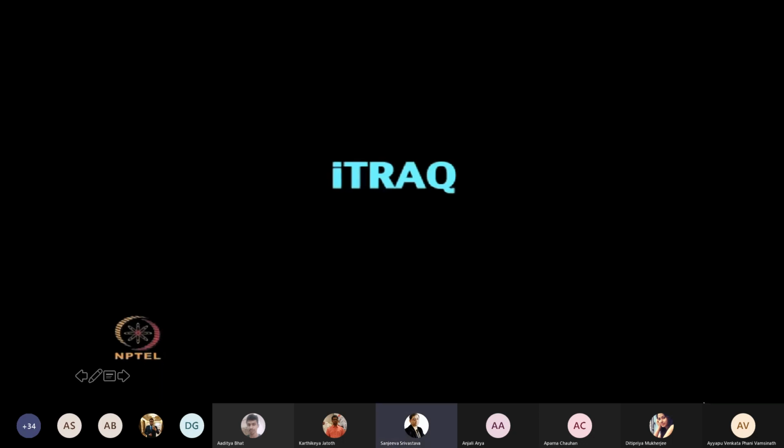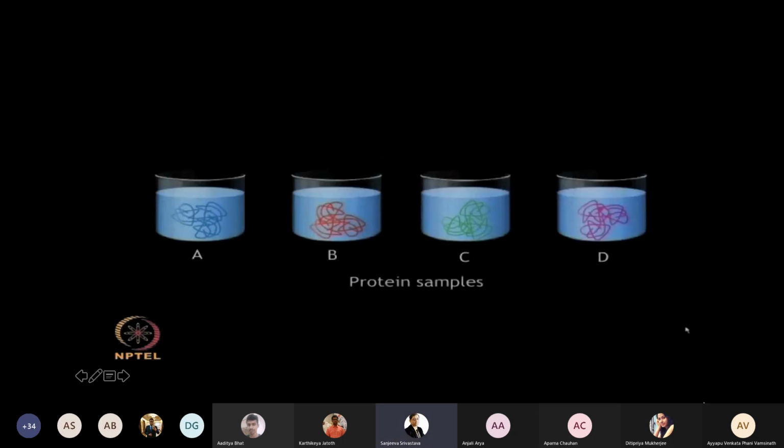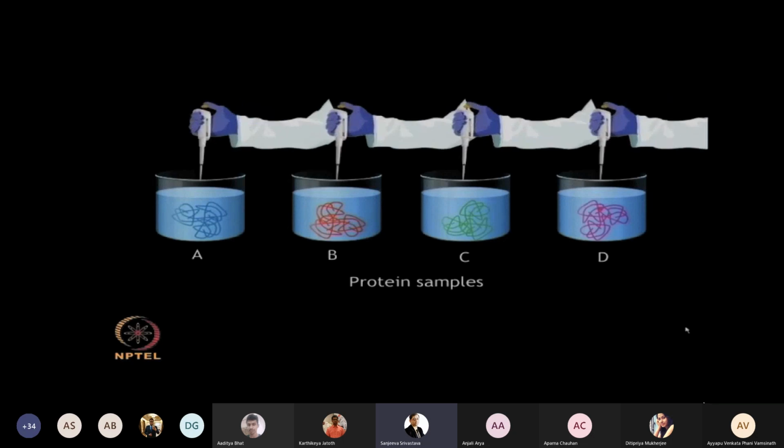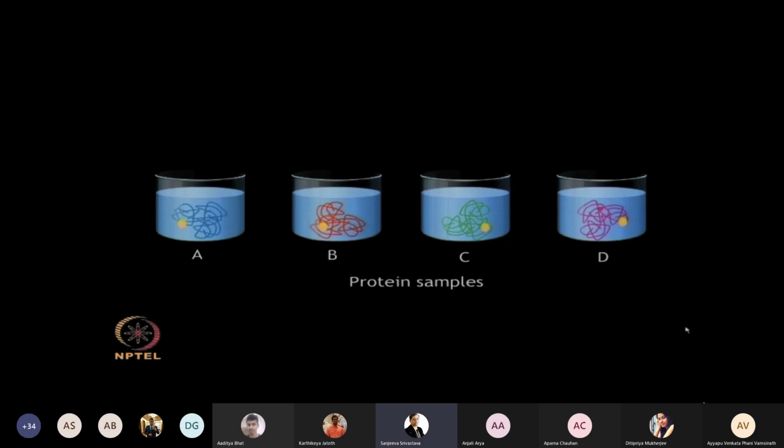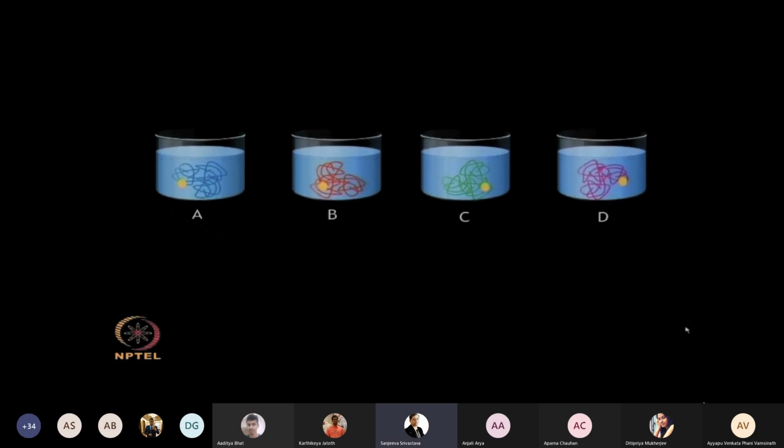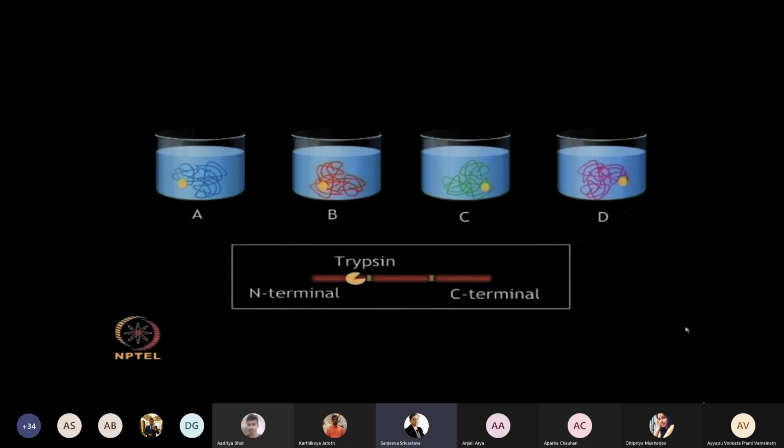iTRAQ technique. The protein samples to be analyzed are first digested with trypsin into some smaller peptide fragments. The trypsin cleaves the proteins at the C terminal of lysine and arginine residues, unless they are followed by a proline residue.